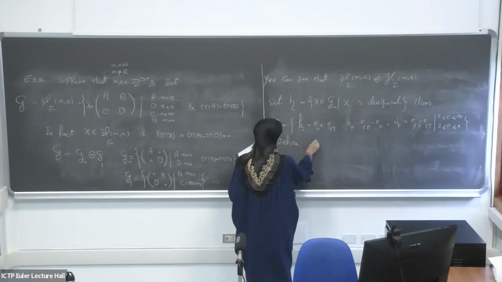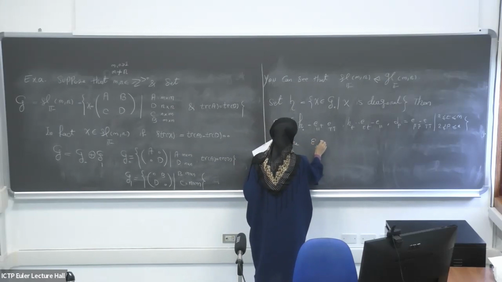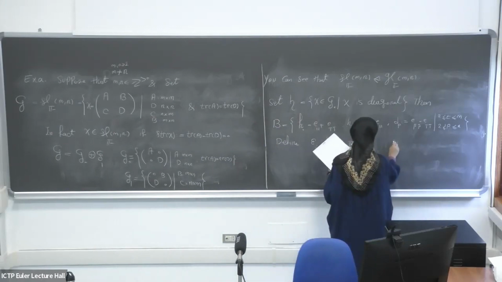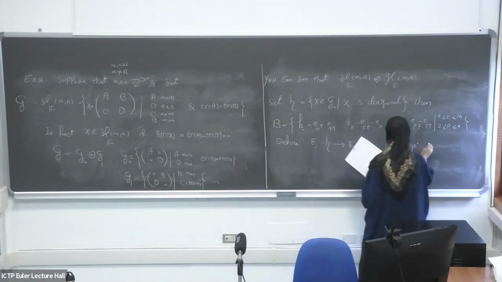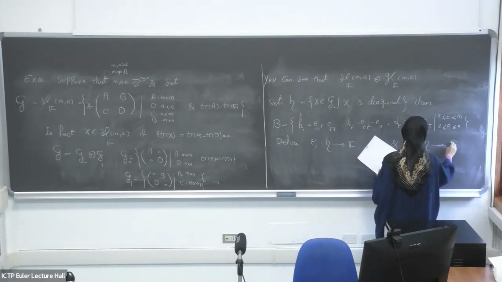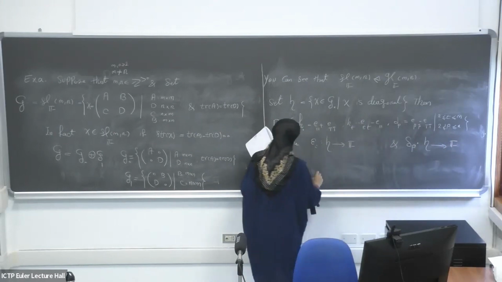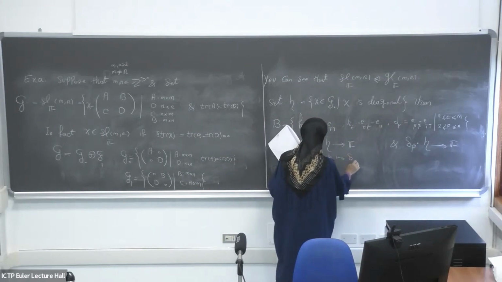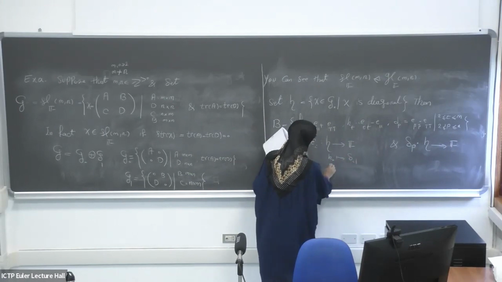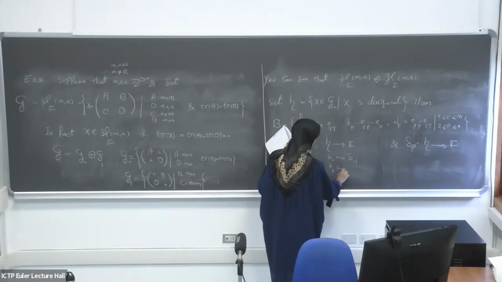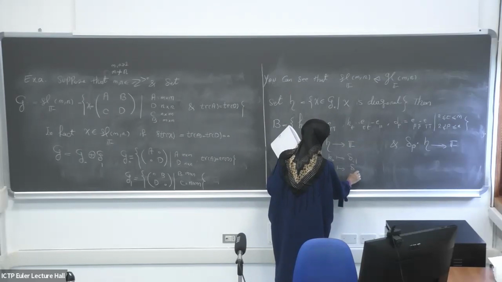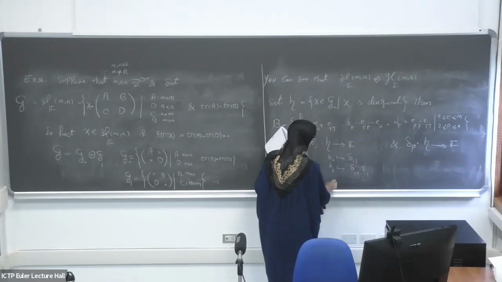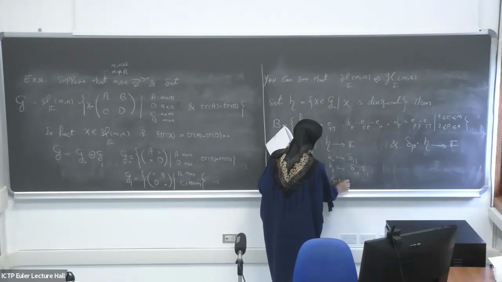Define epsilon_i from H to F and delta_p from H to F. Epsilon_i maps h0 to delta_i1, maps h_t to delta_it minus delta_i1, and maps d_p to 0.